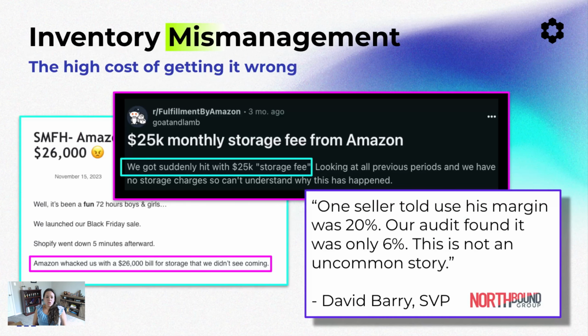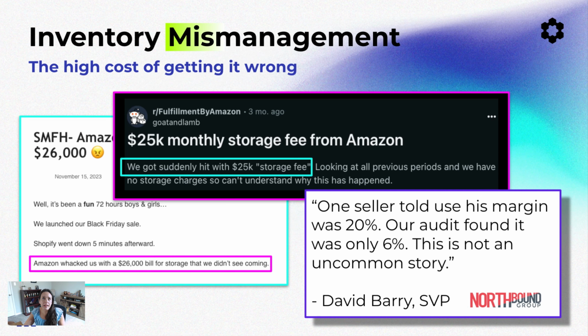So when it comes to getting inventory management wrong, and more specifically, not having a forward view of your inventory, right? Just looking at your business from today, looking at what happened in the past, and not forecasting into the future what is going to happen, you can get into a lot of trouble.